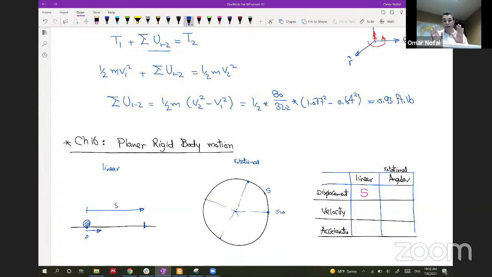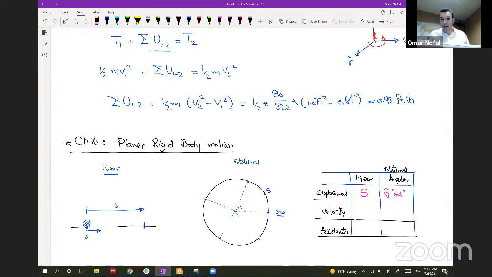So the measurement that we have been using in linear motion will not work for rotational motion, because you will end up with S equal to 0. However, this body may have done 5 or 6 cycles around the circle. So we describe this by theta, that this body has made 1 radian or 2 radians or 2 pi. 2 pi is also a radian measure. So we measure the angular distance by theta, and that theta should be in radians, not an angle in degrees.